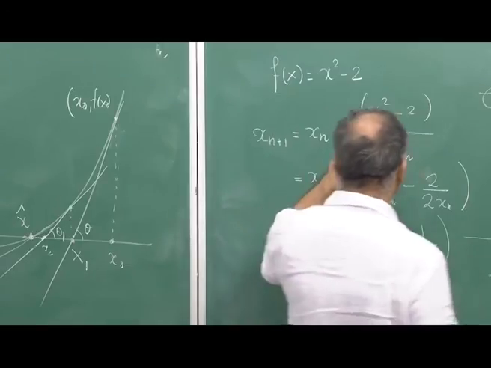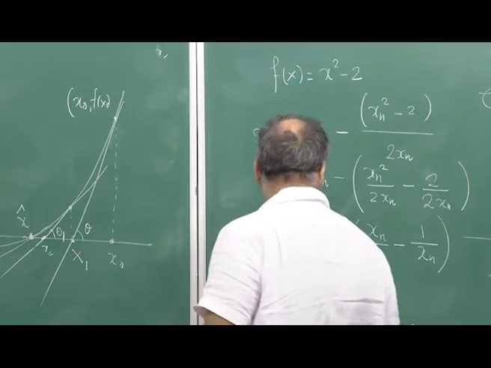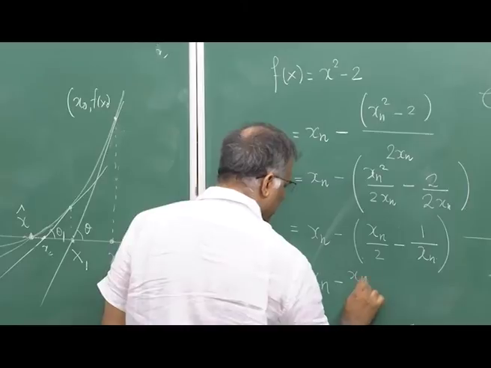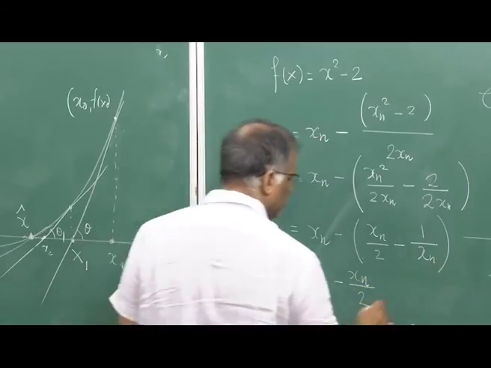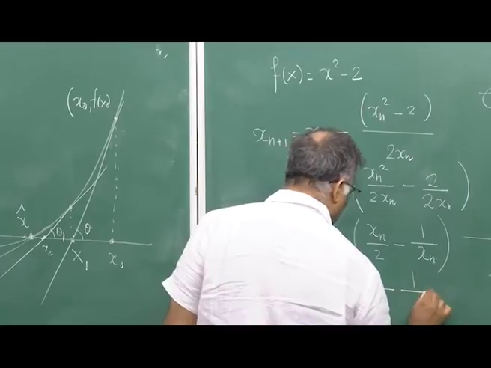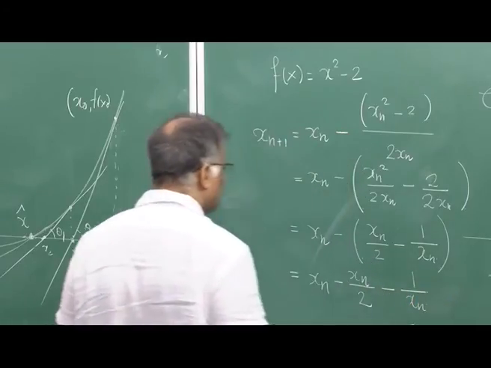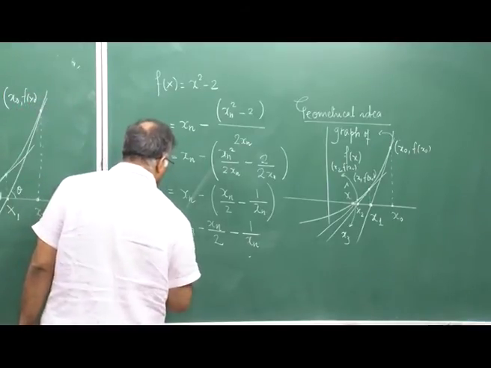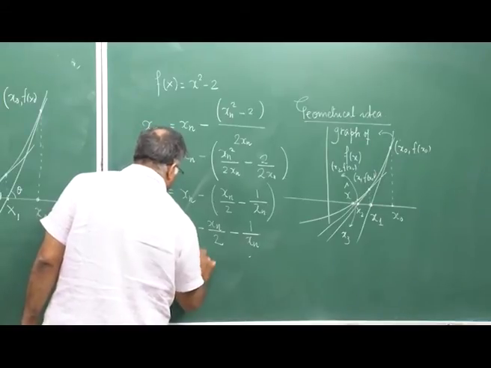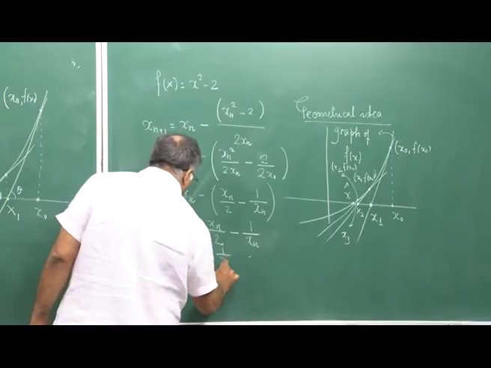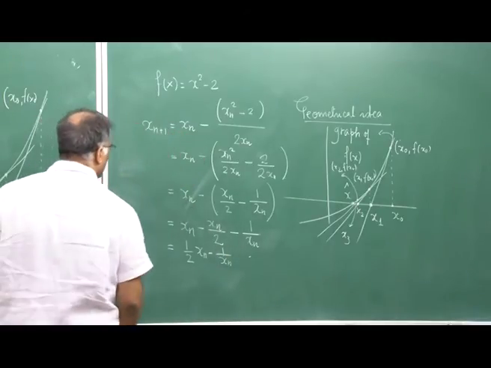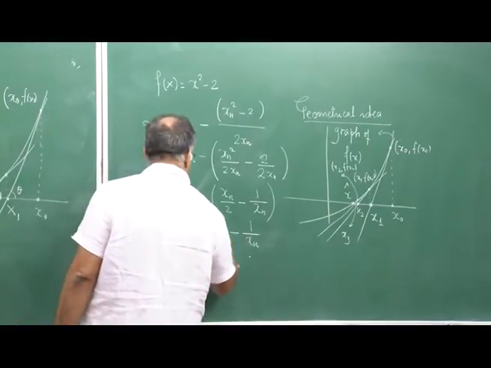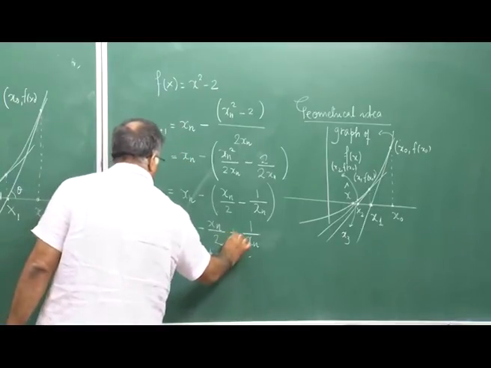So if I look at it carefully, it is x_n minus x_n by 2 plus 1 by x_n. Of course, you can say half of x_n plus 1 by x_n.